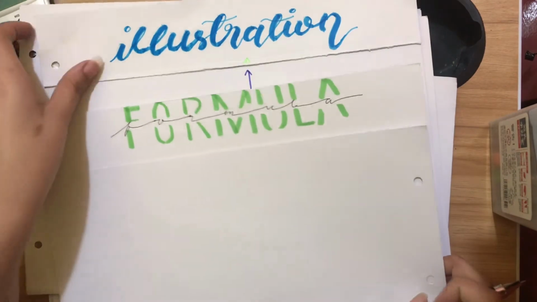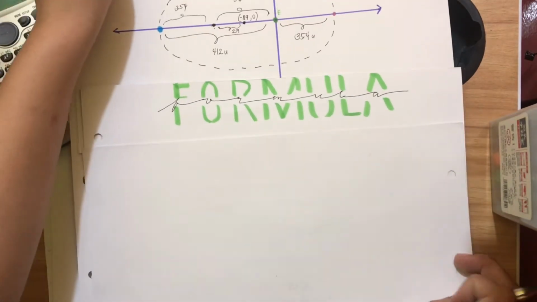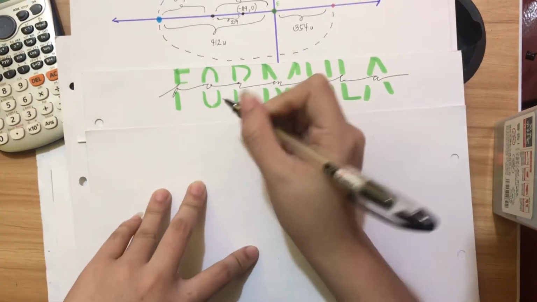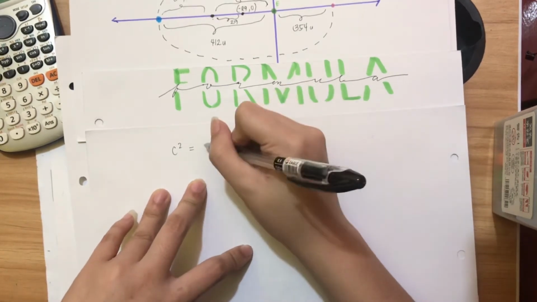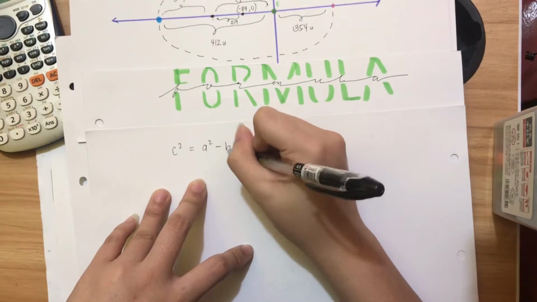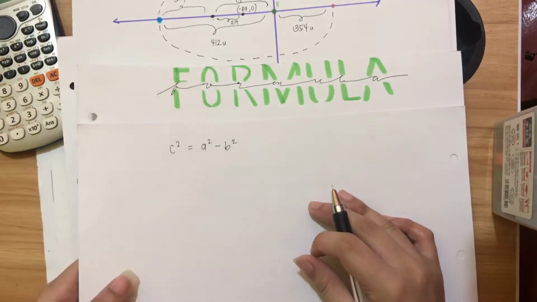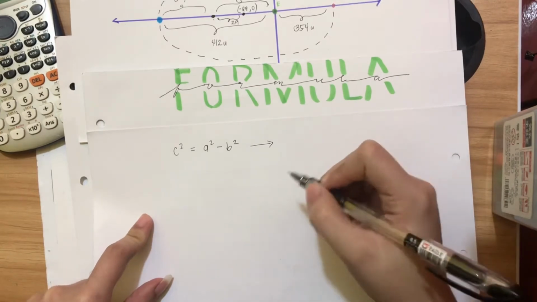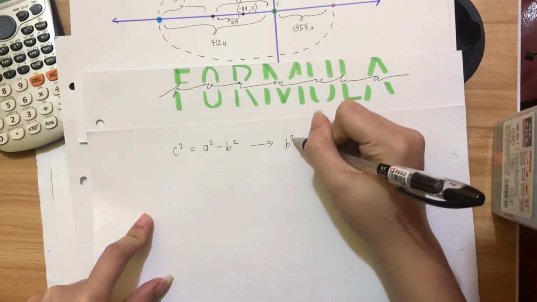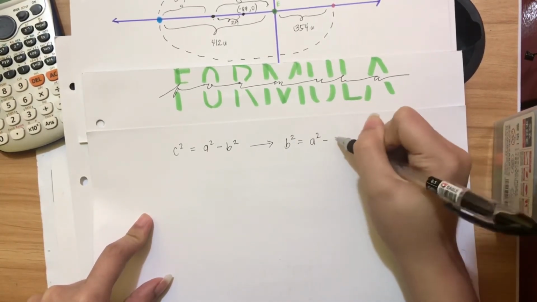After that, we will now proceed to the formulas that we are going to use to solve this problem. First, we will use this formula to solve the value of b: c squared equals a squared minus b squared. Or when you derive it, it becomes b squared equals a squared minus c squared.